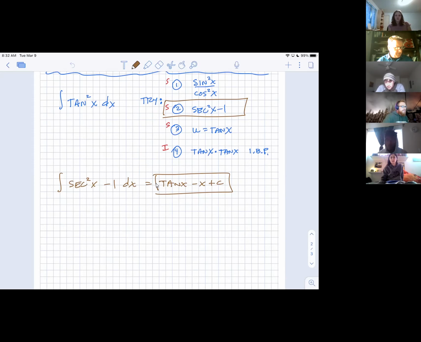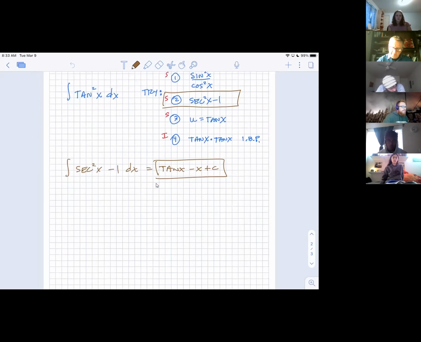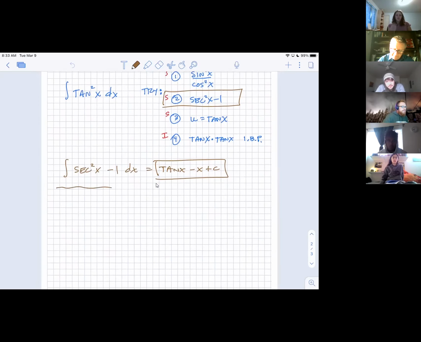There are some cool simplifications in your book that weren't in that trig table that I posted, which is, if you will, a little disappointing. But before we do that, let's consider a problem like we just did, except let's take it up a notch. What about the integral of tangent cubed of x?